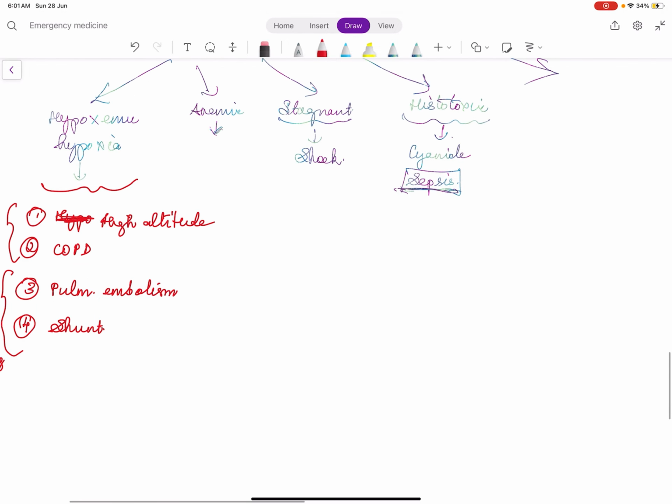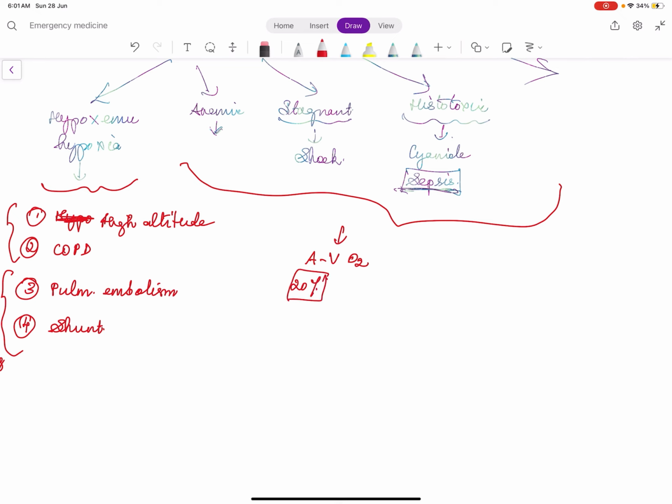Whereas another parameter which helps us to differentiate anemic, stagnant and histotoxic hypoxia is the arterial venous oxygen difference. So the normal arterial venous difference is 20%, or 5 ml of oxygen.